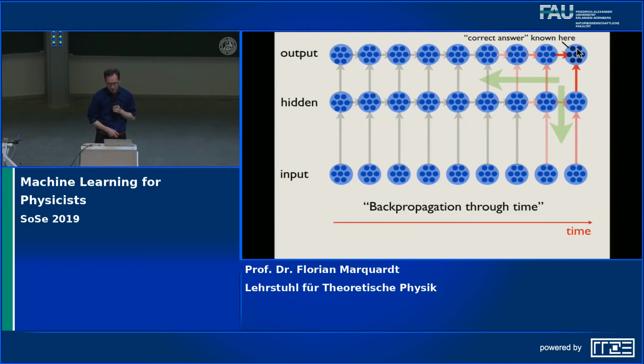And then the correct output is known. Maybe your true output of the neural network deviates from this correct output. So you calculate the deviation and you try to minimize this deviation by taking the gradient. And that means really what you want to do is adapt all the weights in the whole network in order to get the right output.